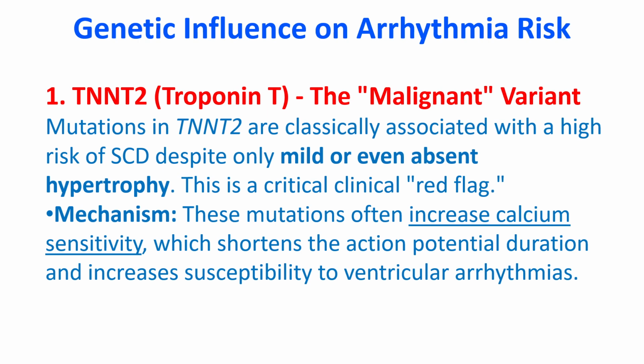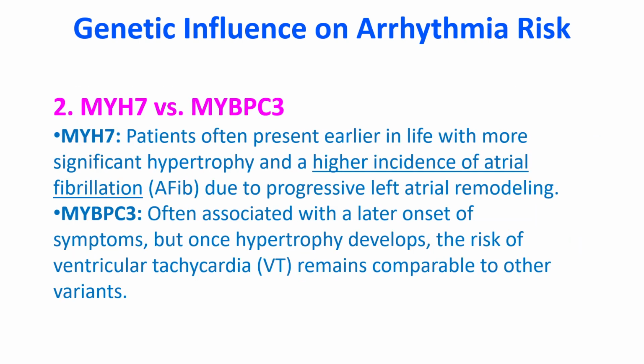These mutations often increase calcium sensitivity, which shortens the action potential duration and increases susceptibility to ventricular arrhythmias. MYH7 mutation patients often present earlier in life with more significant hypertrophy and a higher incidence of atrial fibrillation due to progressive left atrial remodeling.